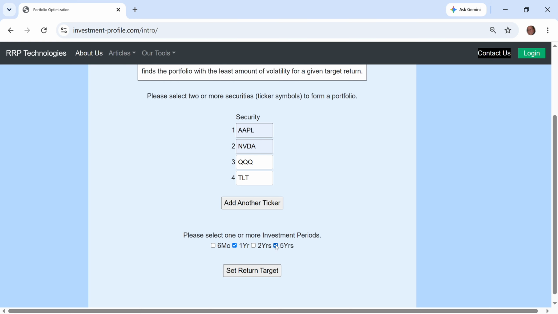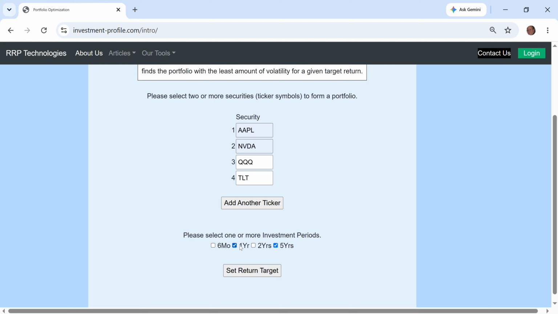And what I'd like to do in this video is compare the output for 2 different investment periods. You can select up to 4. In this case, I'll be selecting 1 year and 5 years. And in both cases, the optimizer will return a portfolio with volatility minimized as much as possible.